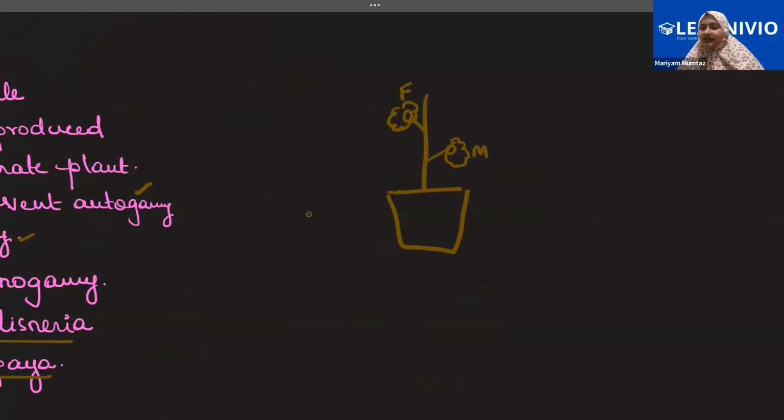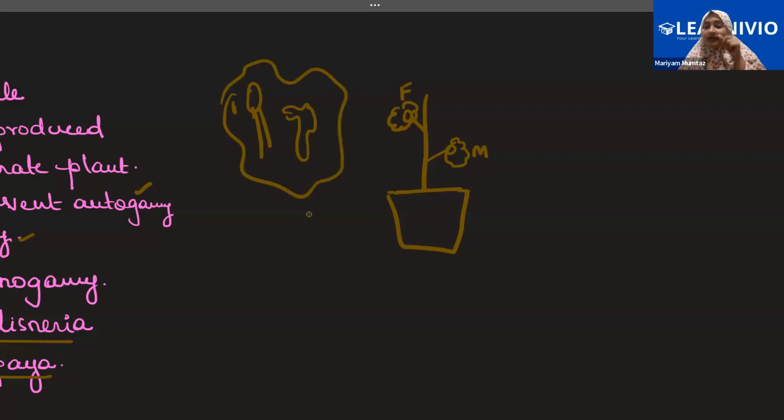Now tell me, is this a bisexual condition? Yes or no? Is this condition that I'm showing a bisexual condition? Bisexual is this: in the same flower, there is male and female. No, this is not bisexual. This is bisexual. Do you remember that hibiscus flower that I had a picture of?